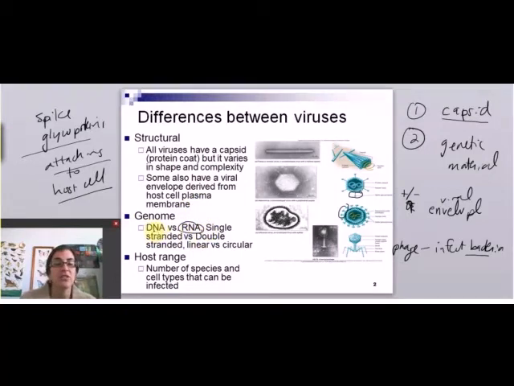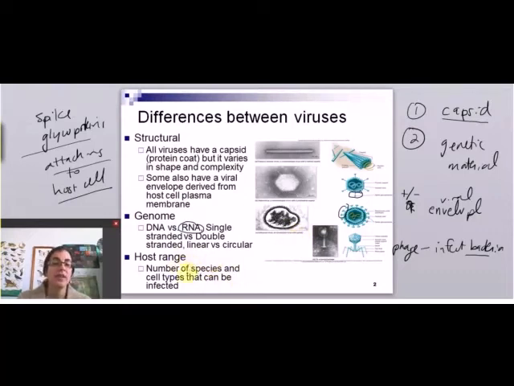Their genetic material can be DNA or RNA, single-stranded or double-stranded. It can be linear like our DNA, or it can be a circle like bacterial DNA. It's always the same for a specific type of virus, like phage viruses always have DNA as their genetic material. HIV, on the other hand, always has RNA as its genetic material, but it varies widely among the different types of viruses.